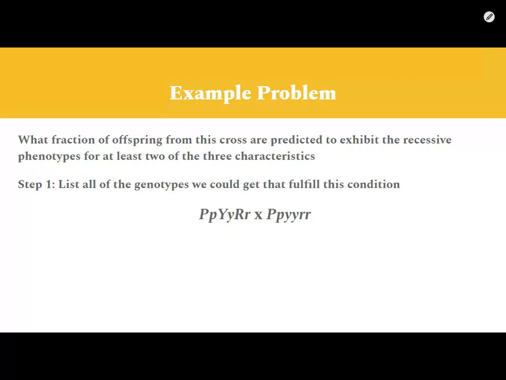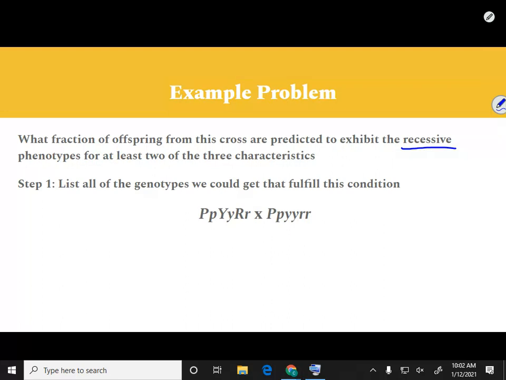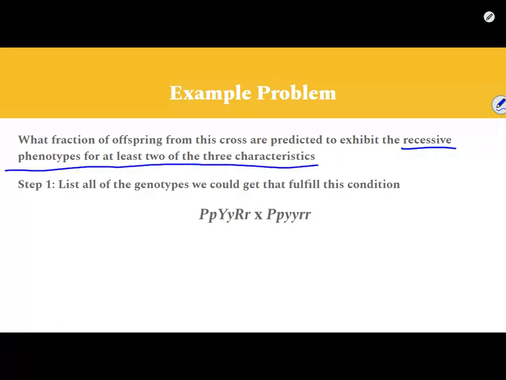Step 1, what are those genotypes? What genotypes will give us the wanted phenotypes, right? Because we want to know phenotype probabilities, not genotype probabilities. So we want to know what genotypes we could get that give us at least 2 recessive phenotypes. So what's one? What's a genotype that gives us 2 recessive phenotypes? All right, so which one?